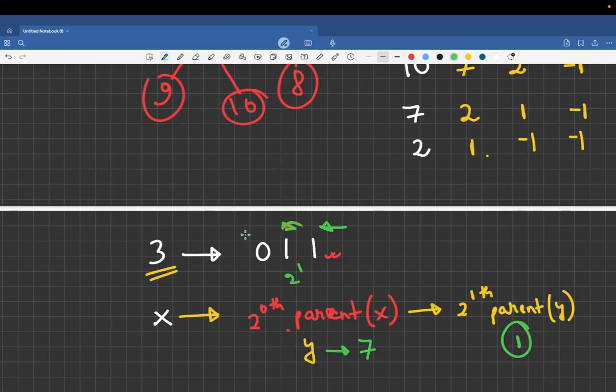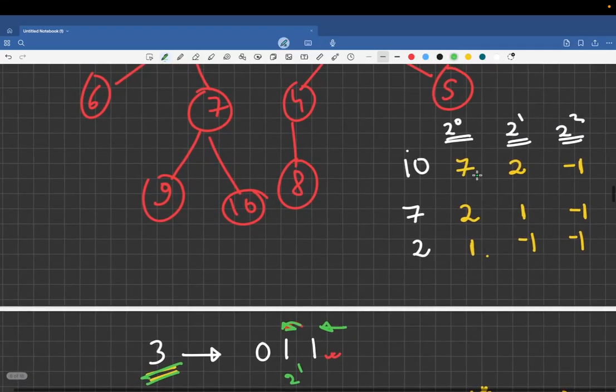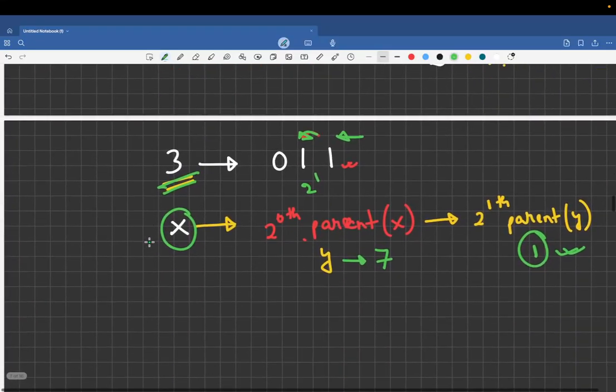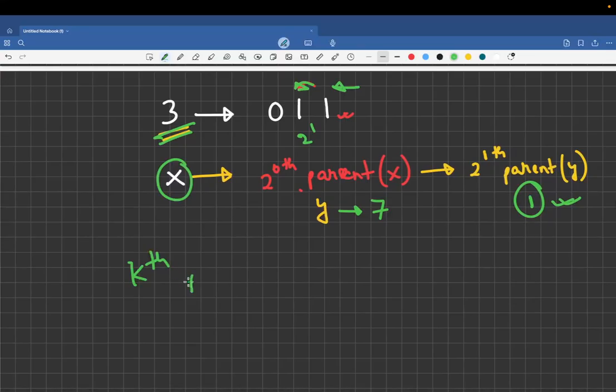And since no other bits are set in the binary representation of 3, I have already got the third parent of node X, that is 1. So now I think you guys would agree that if I have 2 power jth parent for each and every node stored, I can easily find the kth parent for that node in just what time?